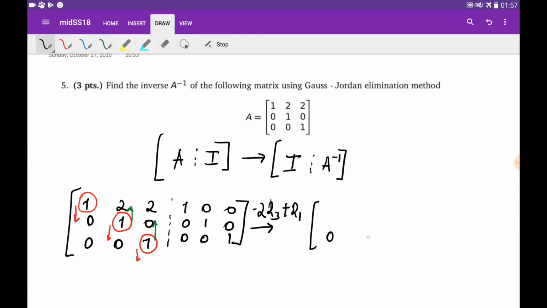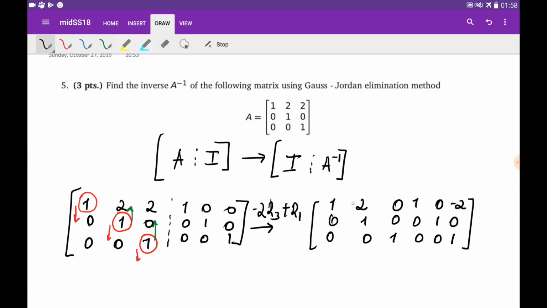Please note that I need to keep the last 2 rows as they are. Now I multiply all the elements of the third row by minus 2 and add it to the first one, which gives 2, 1, 2, 0, 1, 0, minus 2.